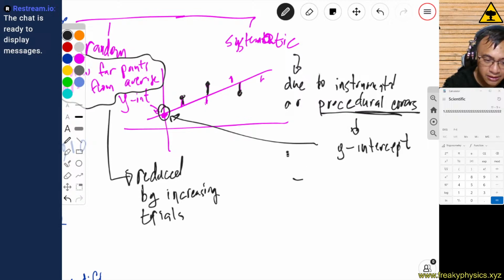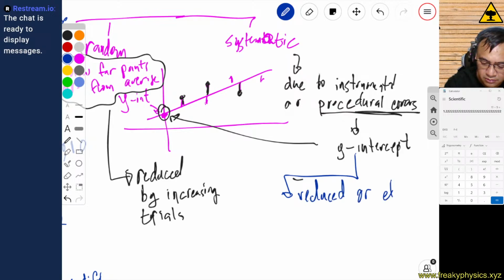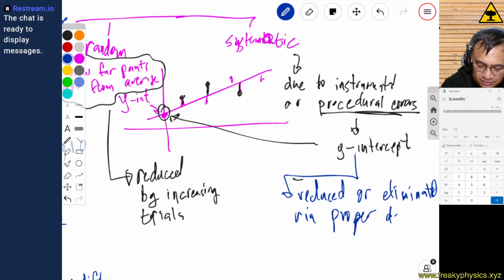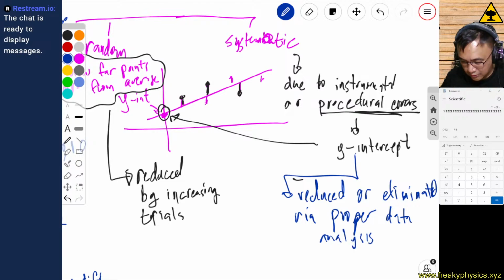So systematic error is reduced or eliminated via proper data analysis. Okay, that's in terms of doing the experiment.